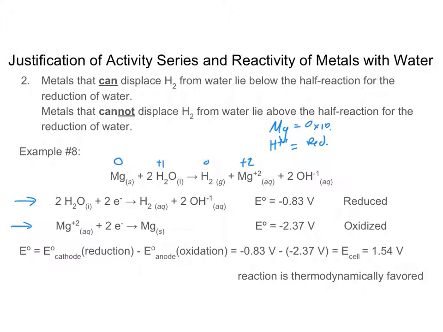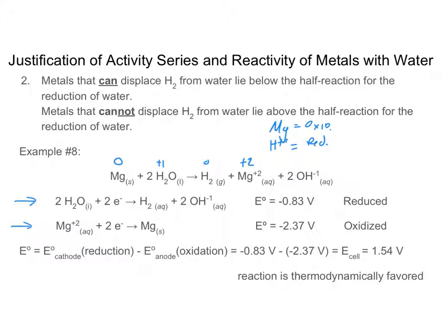So the negative 0.83 minus the negative 2.37, and I got a positive 1.54 volts. That tells me that this reaction will occur. It is thermodynamically favored. So magnesium, in this case, metals that can displace hydrogen from water lie below the half reaction for the reduction of water. So these are below the water half reaction in Appendix E.